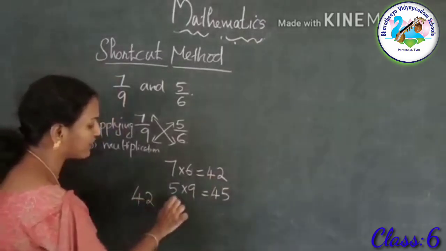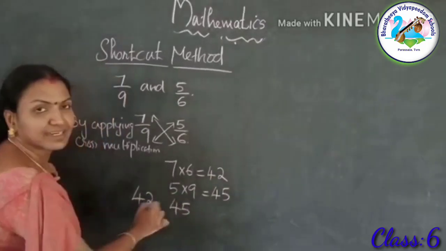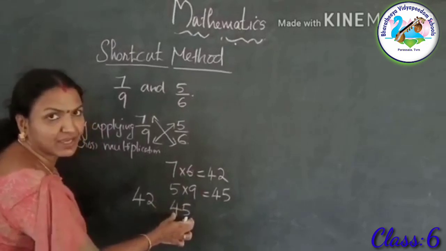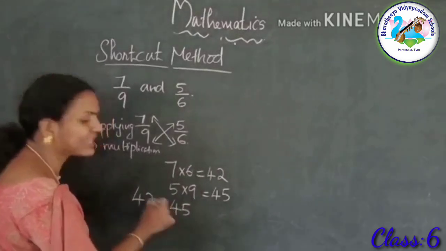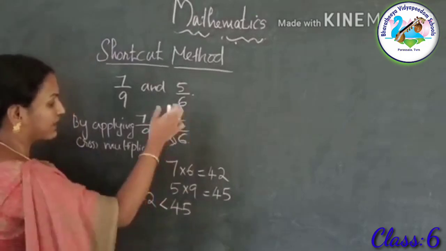By comparing 42 and 45, which is greater? 45 is greater. So 42 is less than 45.